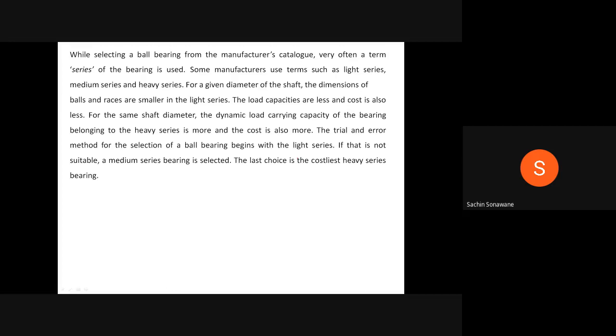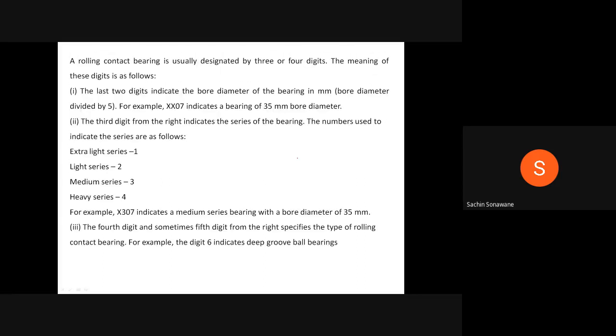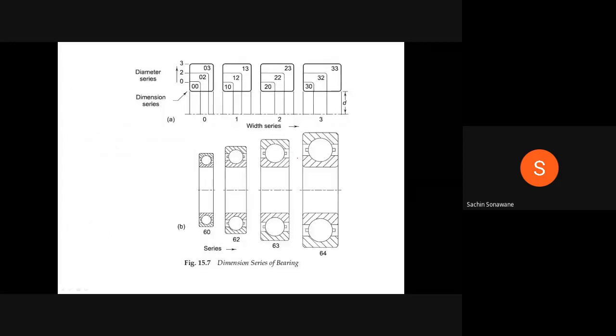The trial and error method for the selection of a ball bearing begins with the light series. If that is not suitable, a medium series is selected. The last choice is the costliest heavy series bearing.